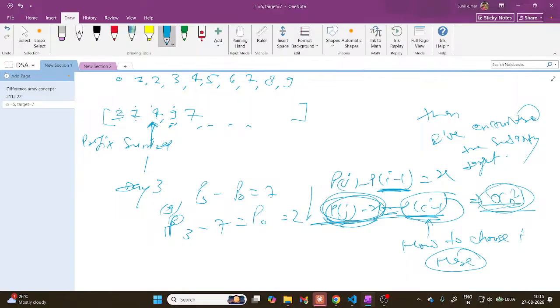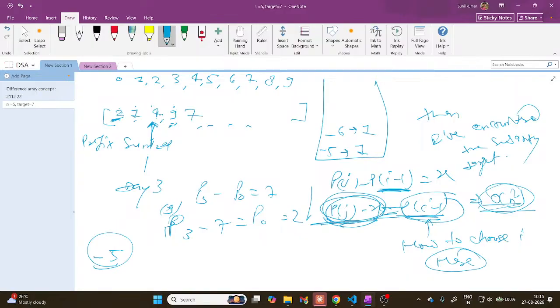So you see, what we can do is we can take a map, right, like this. We have encountered two, the prefix sum is two, right? Two minus x is minus five. This has come one time. One minus seven is minus six, one time.